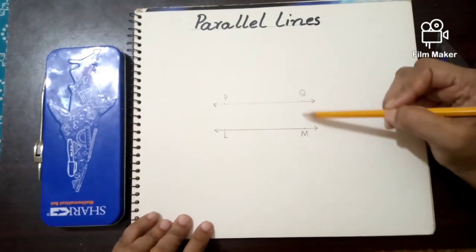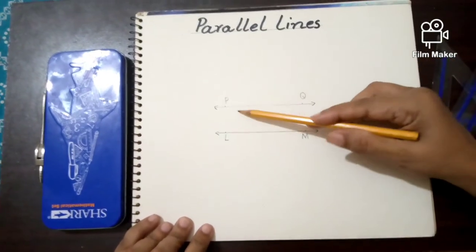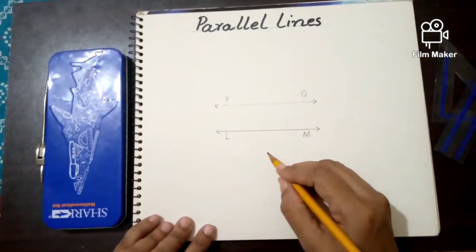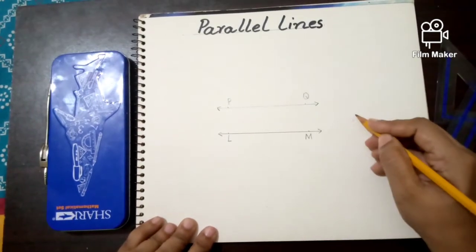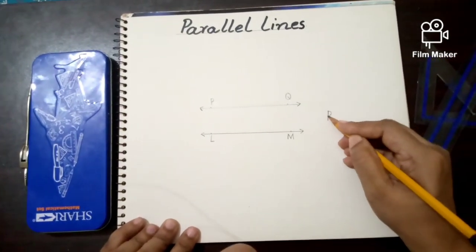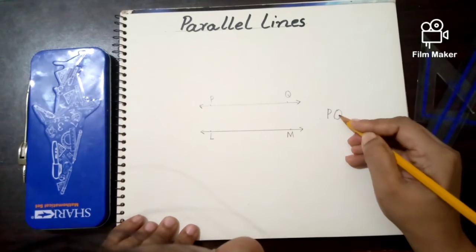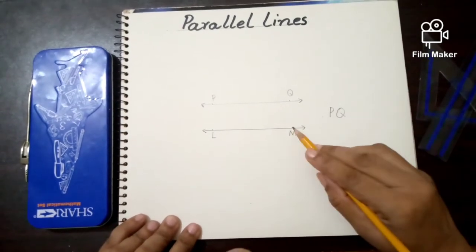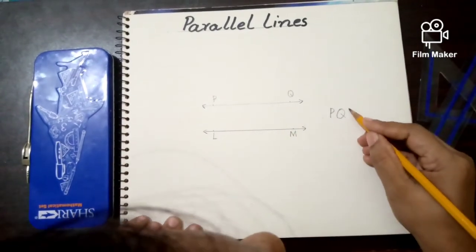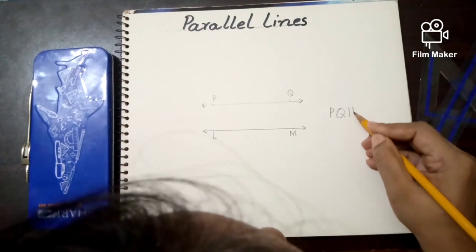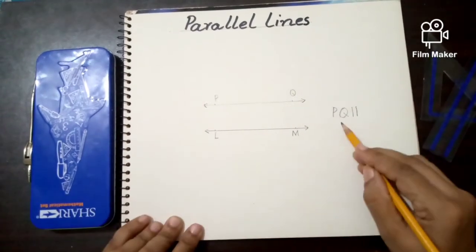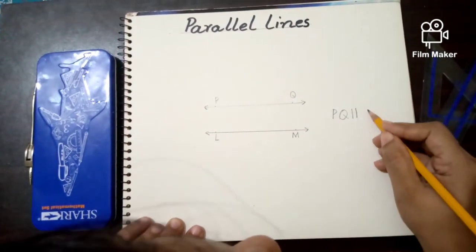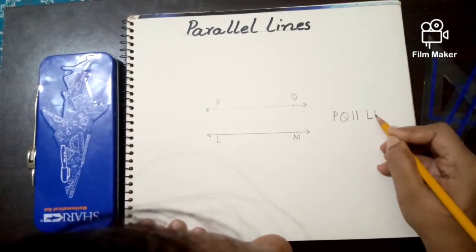LM is parallel to PQ and they have the same distance at any point, and we will write it as PQ. To show the parallel lines, we make two small parallel lines.